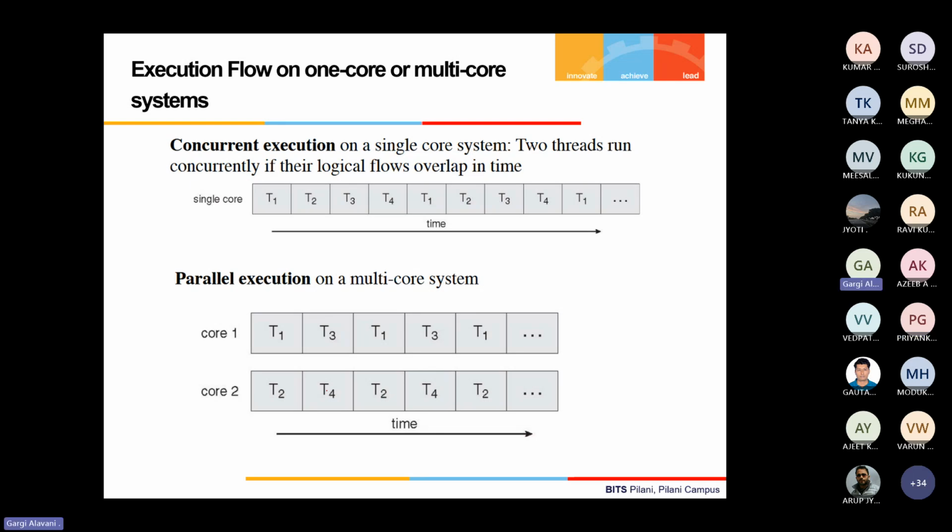It depends on the OS which scheduling algorithm it is using. It will be decided by the OS how to assign these threads to the cores. But at one time, only a single thread will be running on the core.